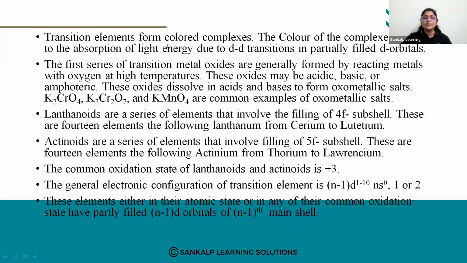Next, transition elements form colored complexes. Yes, very important. Why do transition elements form colored complexes? The color of the complex is due to the absorption of light energy. When electrons are present in the d orbitals, most of the partially filled d orbitals show colored complexes. Why?